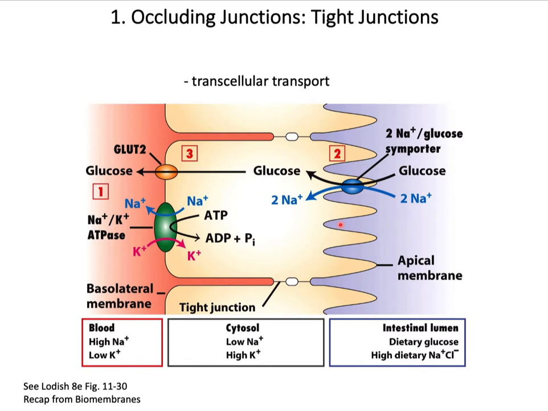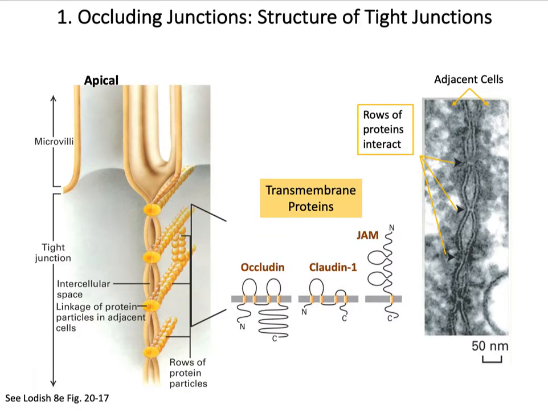This can really mess up the glucose gradient to the point where this GLUT transporter might work in the opposite direction and transport glucose from the basolateral side into the intracellular space. And so the tight junctions really help in maintaining these gradients on the apical side and on the basolateral side, which is important for the function of all these various types of transporters or pumps.